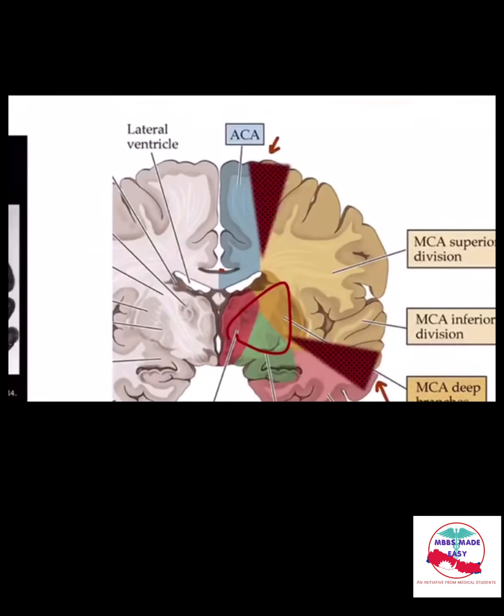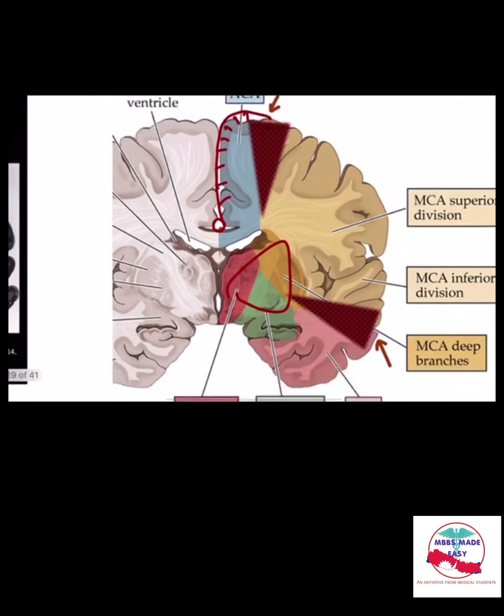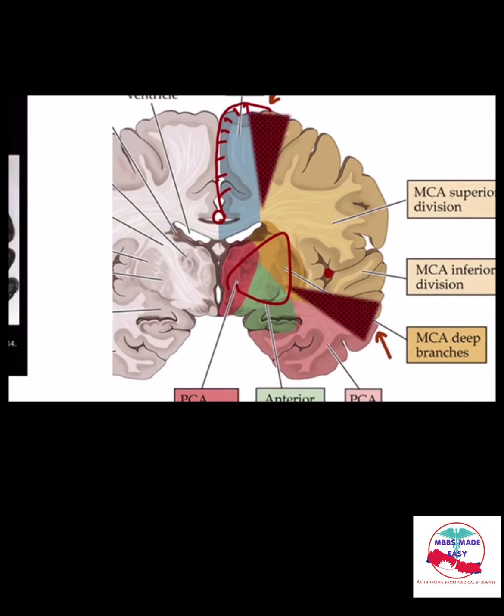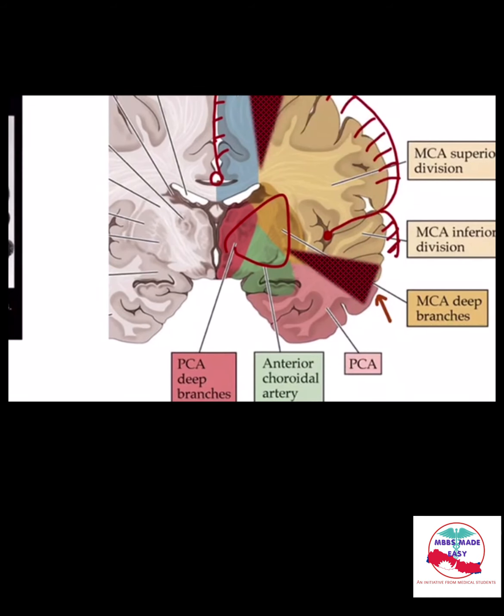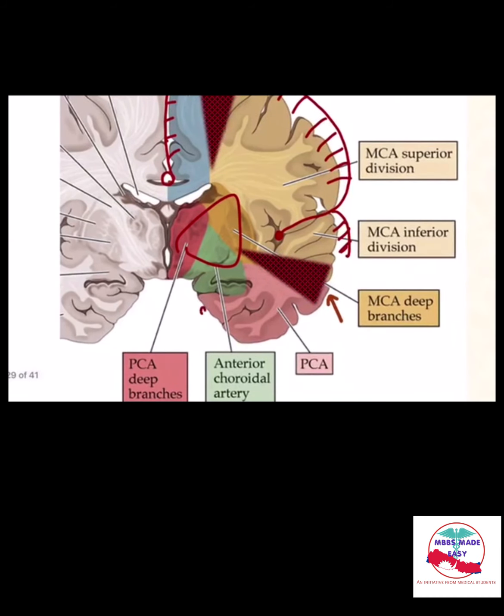Now you can see that the anterior cerebral artery is present here, and it gives branches and supplies blood to the part of the brain in this way. The middle cerebral artery arises from here, comes out and supplies blood to the brain in this way, and the posterior cerebral artery is present somewhere around in this pattern and supplies blood in this way.